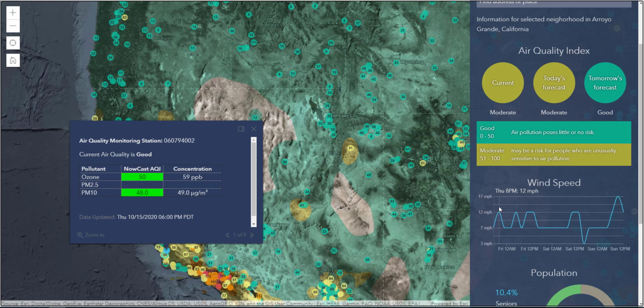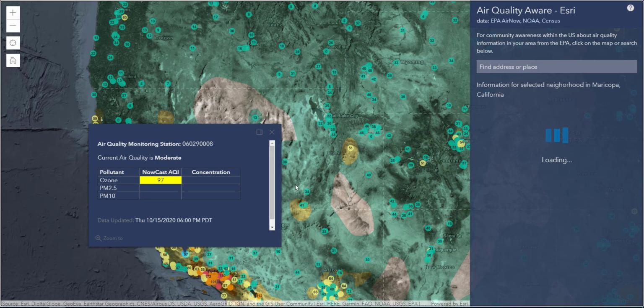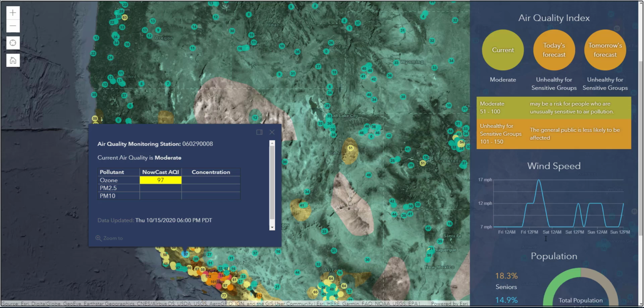We're looking not only at air quality, we're also looking at wind speed to understand where the air is coming from. And if we think about those fires, that also helps us understand if the air quality is poorer because there might be a fire nearby.